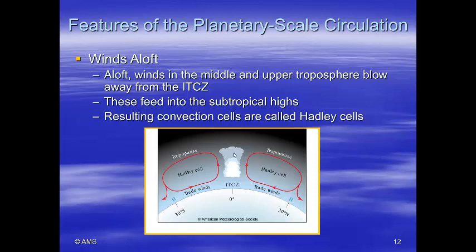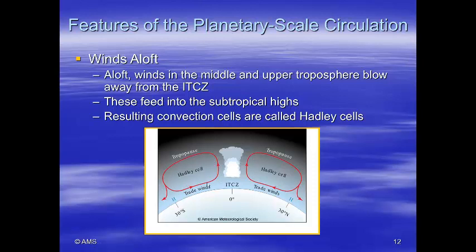At the top of the troposphere, at the tropopause, we get divergence, and some of the winds head north and some head south. Meanwhile, the trade winds fill in where this warm, moist air was sent aloft. So this circulation pattern, this cell of winds, is called the Hadley cell.